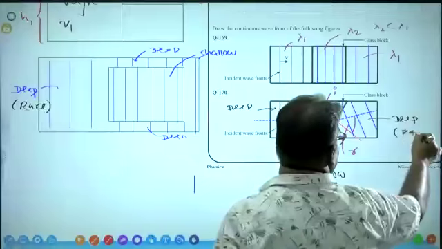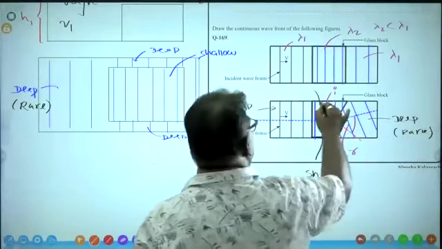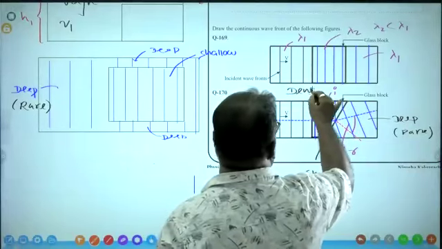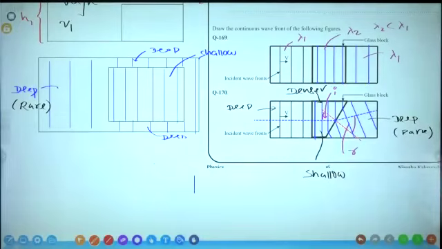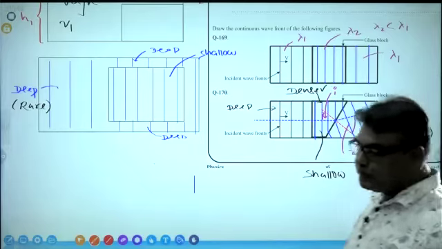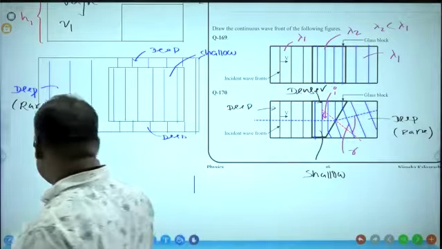No. Here we have denser medium. Done. Right. Can we complete? Let's see the next page.